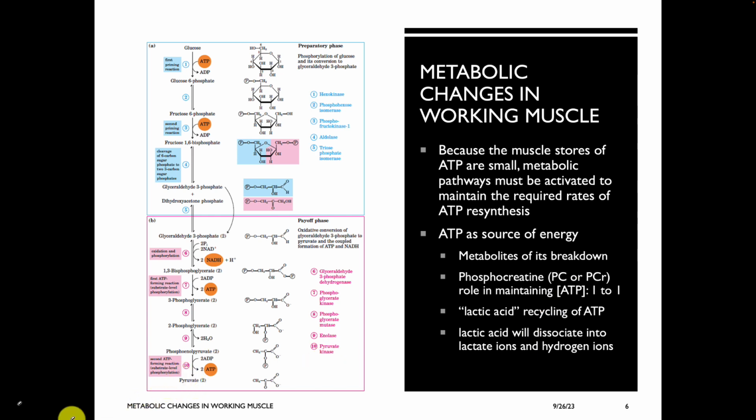So if intensity of exercise is very high, well, what happens? Well, that pyruvate will move into lactate. It will generate lactate, that's an L, that's an L, and hydrogen, right? And the hydrogen ions are what will cause the burning in the muscle, and the lactate will be shuttled to the liver to basically help regenerate ATP.